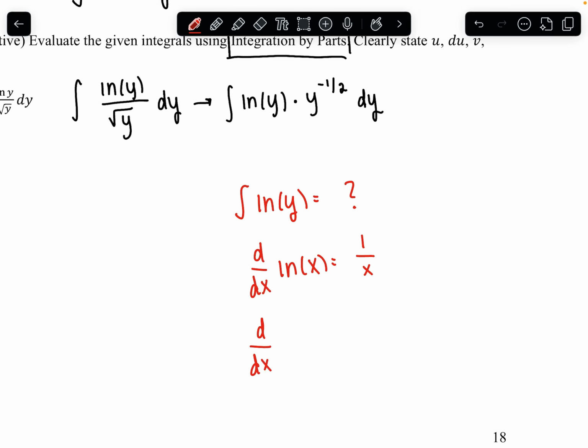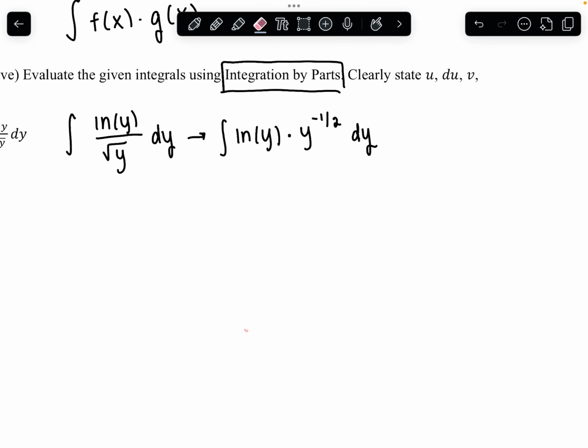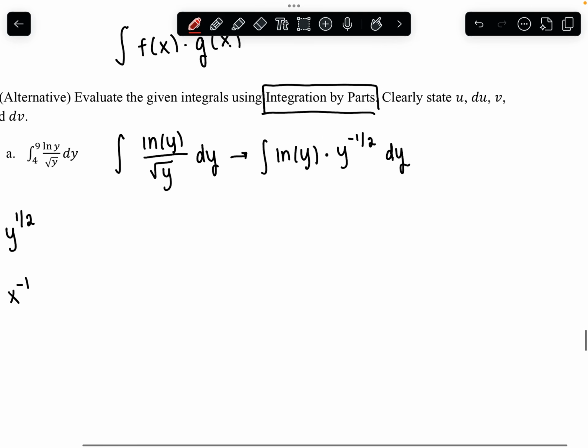If you're doing the derivative of, say, ln of x squared plus 1, is its derivative still 1 over x? No. It's the derivative of x squared plus 1 over x squared plus 1, which is actually 2x over x squared plus 1. So just be super careful when you're doing the derivative of ln. All right, moving on. ln will always be our u because we don't know its antiderivative, okay?